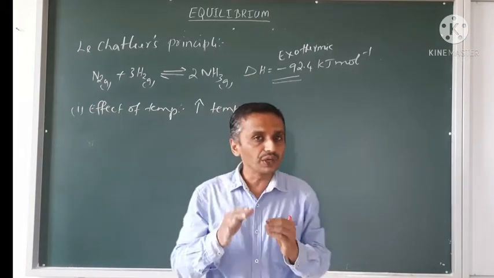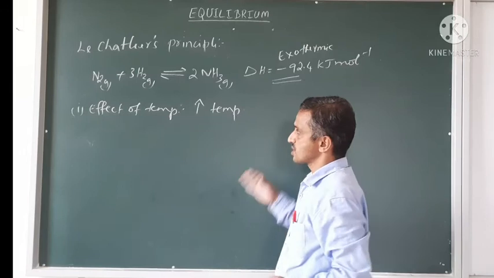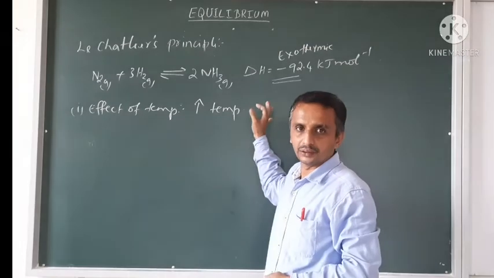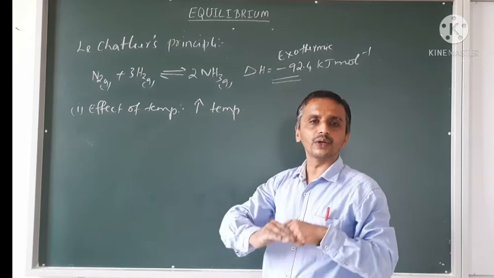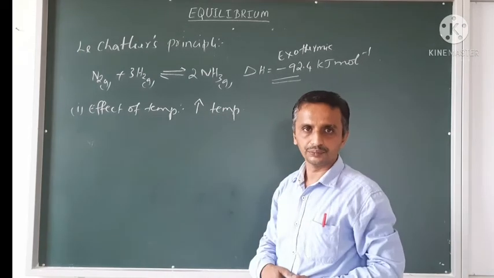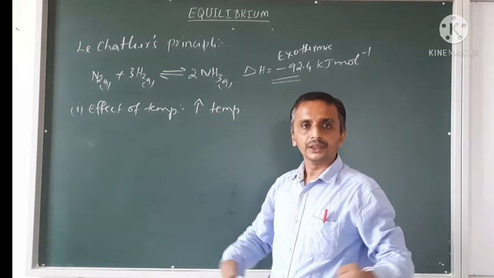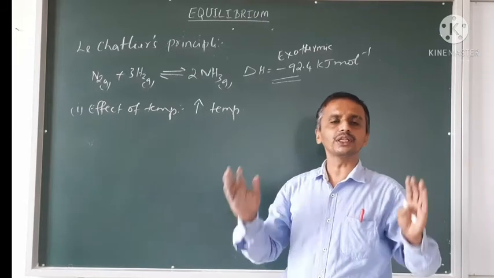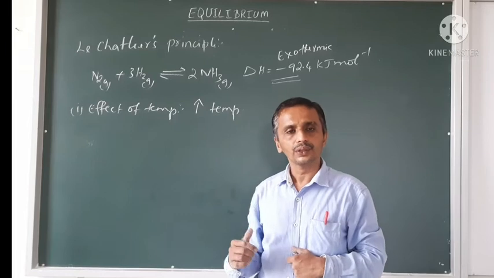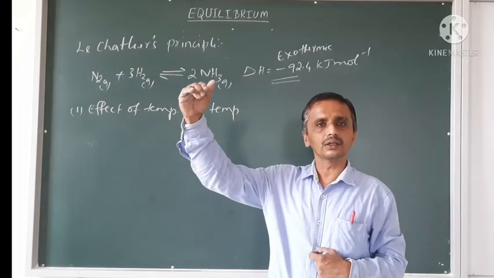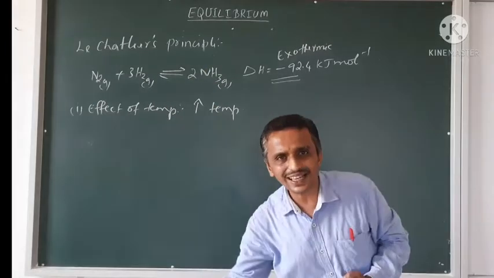Now, see, unless the reaction adjusts itself, the equilibrium constant will not be maintained constant. In order to maintain the equilibrium constant as a constant, what does the reaction do? The system tries to decrease the temperature.